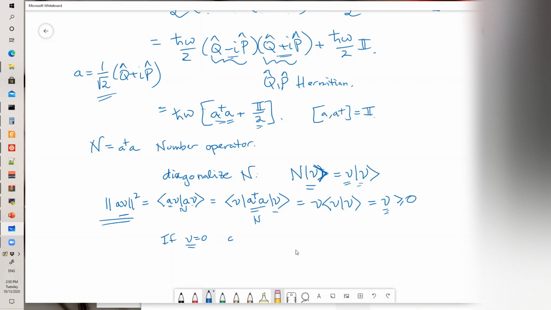So it must be that a acting on the eigenket corresponding to the 0 eigenvalue, if such a thing exists, should be equal to 0. It should make it vanish. So this little a operator should annihilate the 0 eigenvalue state. So that's another property that we have.